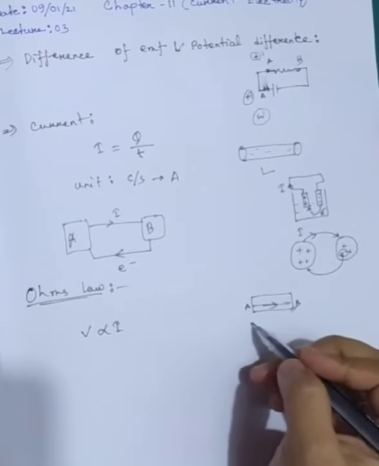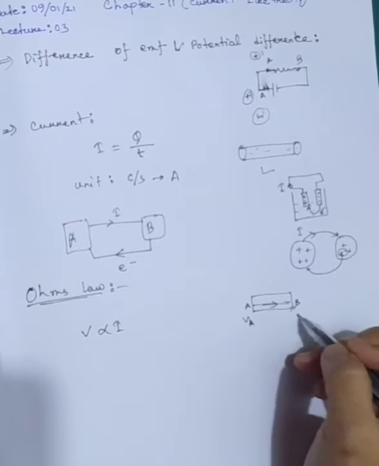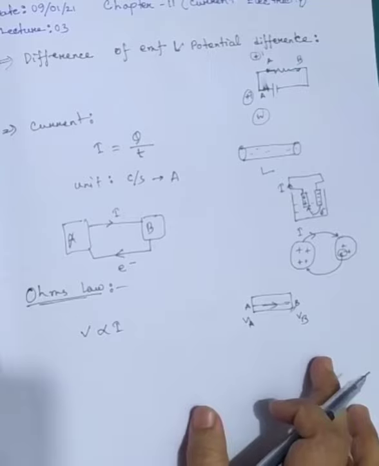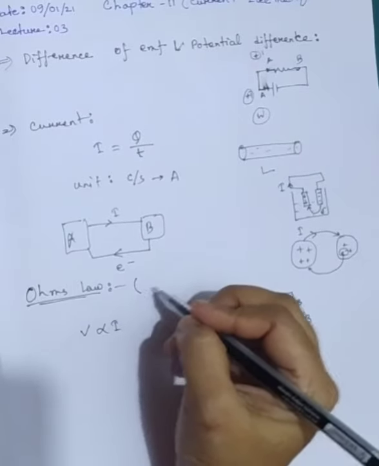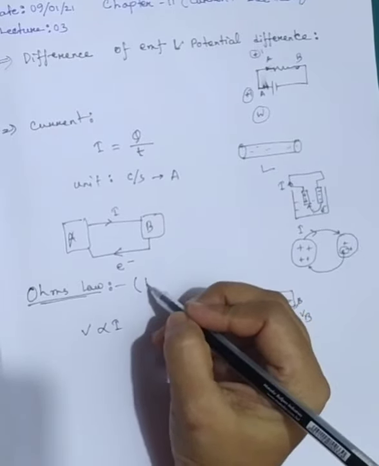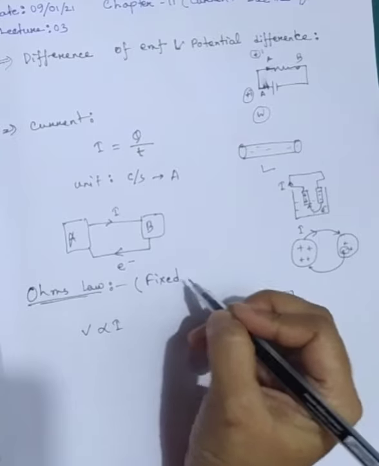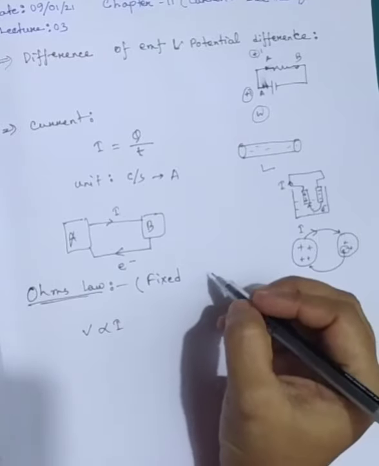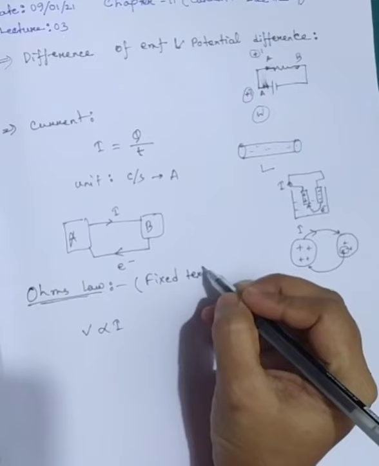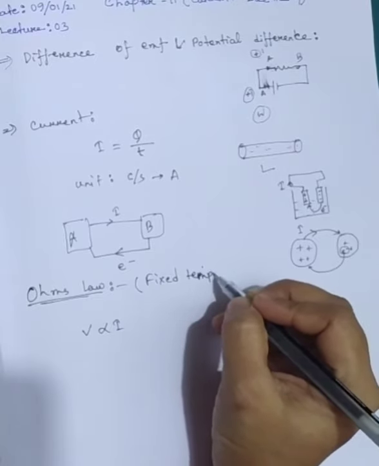There are two ends, that means there is a difference in potential between the two ends, and we have to maintain a condition over here, a fixed temperature. The primary criterion for following Ohm's law is that we have to ensure here a fixed temperature.